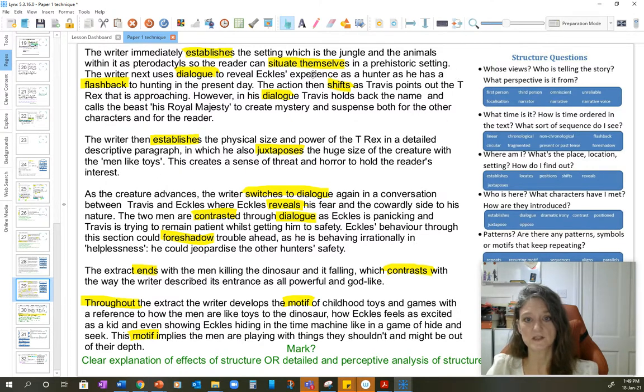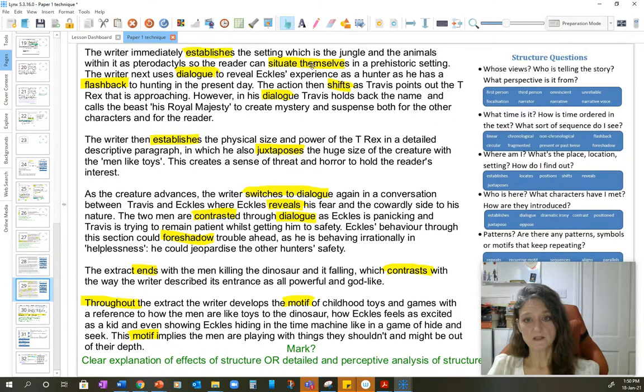So we've got establishes, situate, dialogue, flashback, shifts, dialogue again, establishes again, juxtaposes, switches, reveals. Switches could be shifts as well, contrasted, dialogue. So I'm repeating some of the words. Foreshadow, ends, contrast, throughout, motif, and so on. So I've used that terminology throughout, but that wasn't my question. My question was actually, is it clear or is it perceptive and detailed?